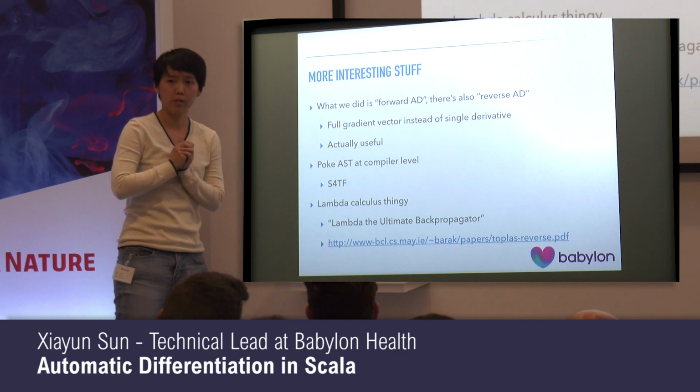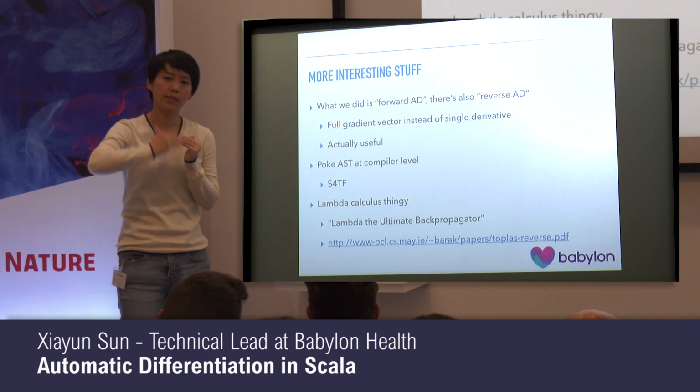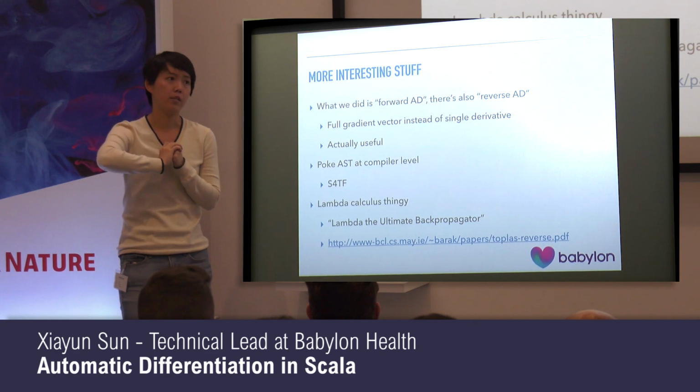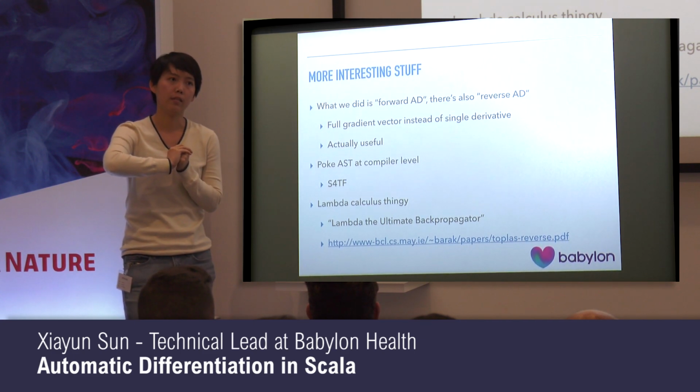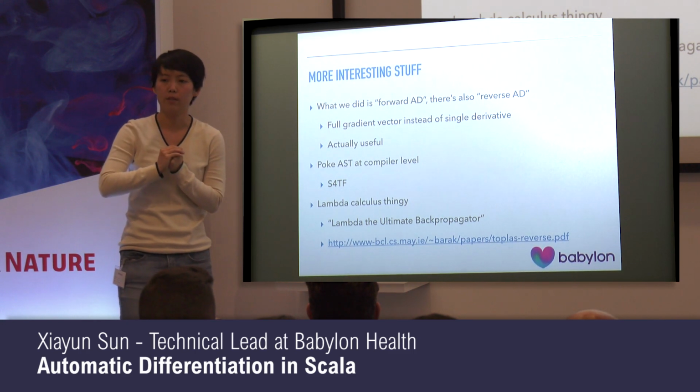There is also a reverse mode. So you could think of you start from the root of the tree, swing backwards. The good thing about that is you get the gradient, which is the derivative of all the input variables in one go.